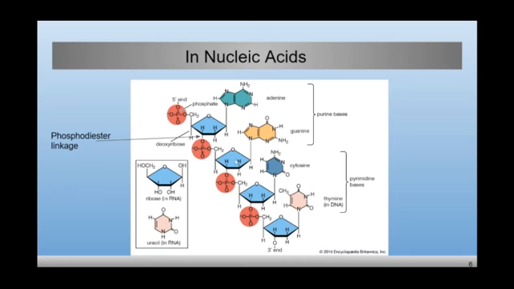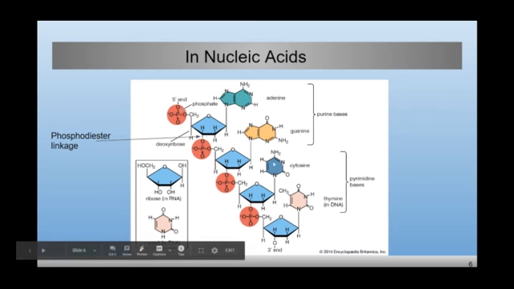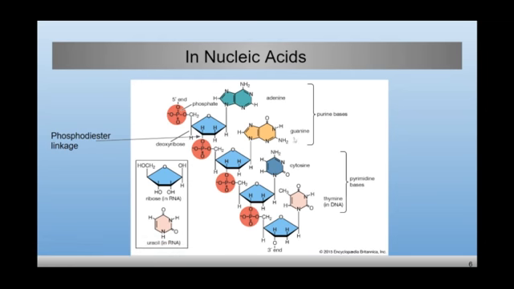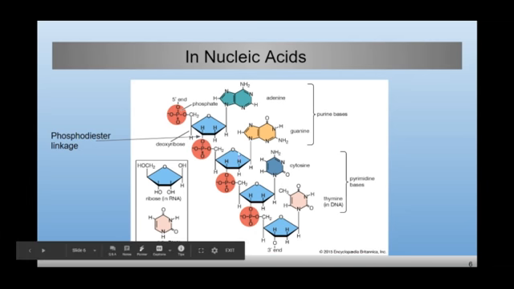You've got the ribose or deoxyribose pentose sugar, and you've got one of the four nitrogenous bases, right? There are purines and pyrimidines. We go over that in the nucleic acids video, so if you want to check that out. But anyway, you see right here the formation of the phosphodiester linkage, and this is how you link nucleotides together to form a polymer of them.